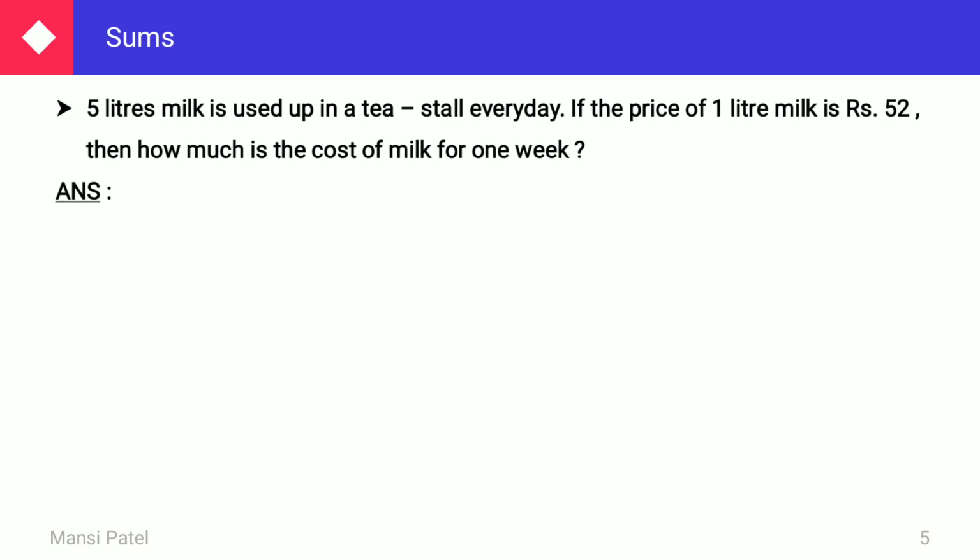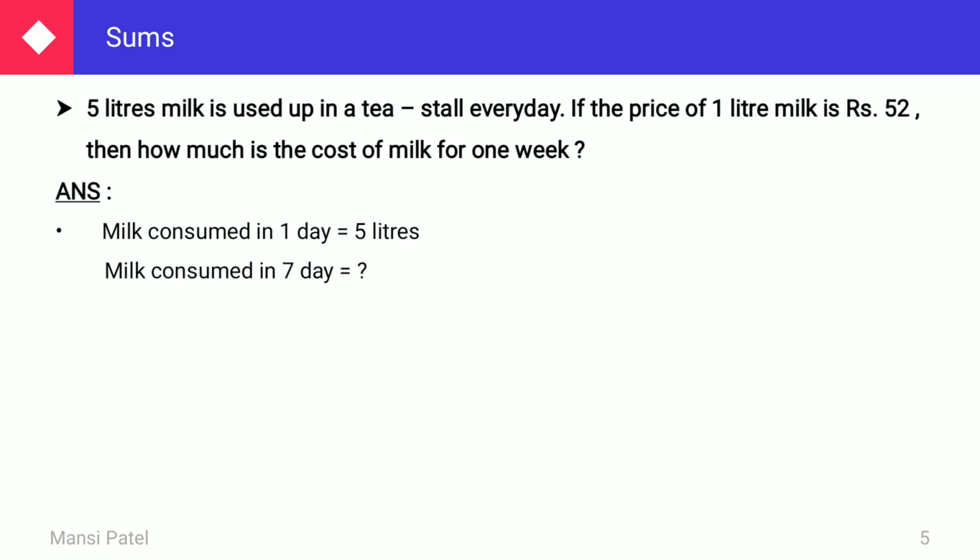So let us see. Milk consumed in 1 day: how much milk are they using? They are using 5 liters of milk. So milk consumed in 7 days is equal to question mark. Why am I writing 7 days here? Because in 1 week, 7 days are there. First of all, we have to find the total milk consumed in 1 week, then we will find the cost of the milk for 1 week.